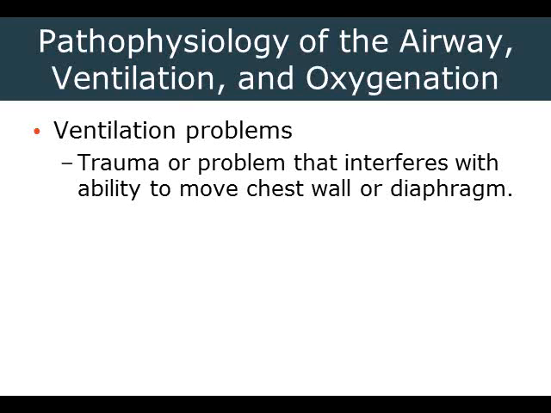Maybe we've paralyzed all the muscles that have to do with the chest, so they can't rise and expand on their own. Or perhaps the diaphragm has been ruptured from a severe blow to the trunk of the body. If the diaphragm's ruptured, it can't fully function in expanding and contracting. So those are obviously some things that would interfere with ventilation.